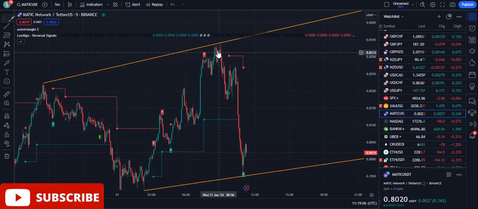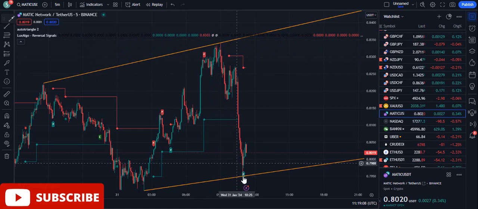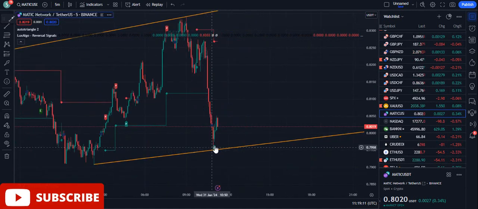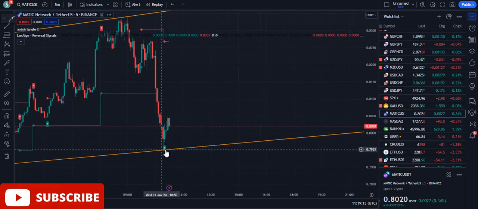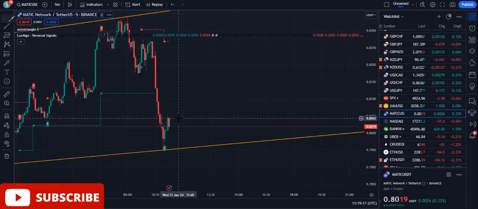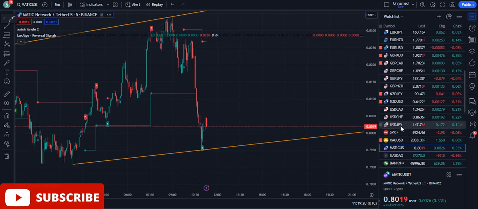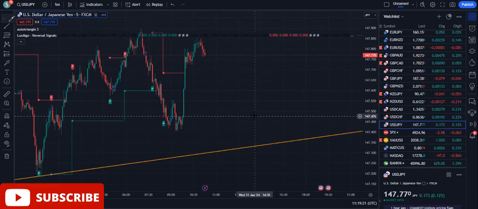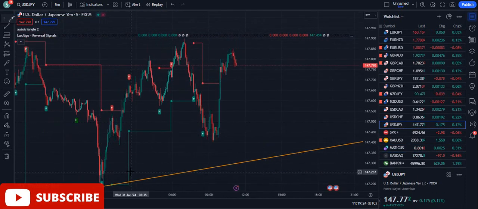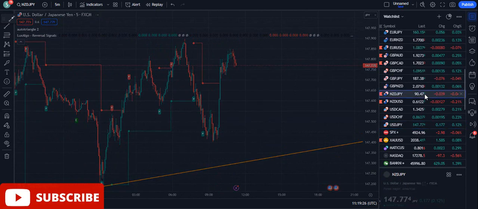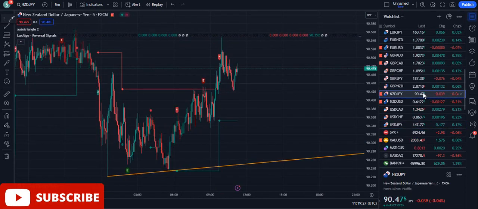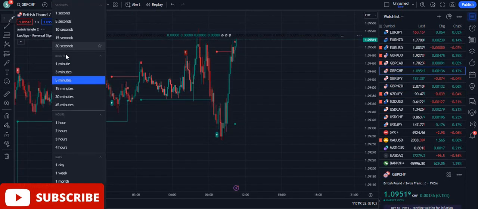You can see on Matic 5 minute we have the sell signal and it's down, and now we have the buy signal, the pullback into the green color from the indicator, and you can see the price is reversing in the upward direction. Let's analyze more about this indicator. If we go here, the price has already pumped up, so we cannot do anything. On this as well you can see the lower trend line. Overall this indicator is doing a great job.